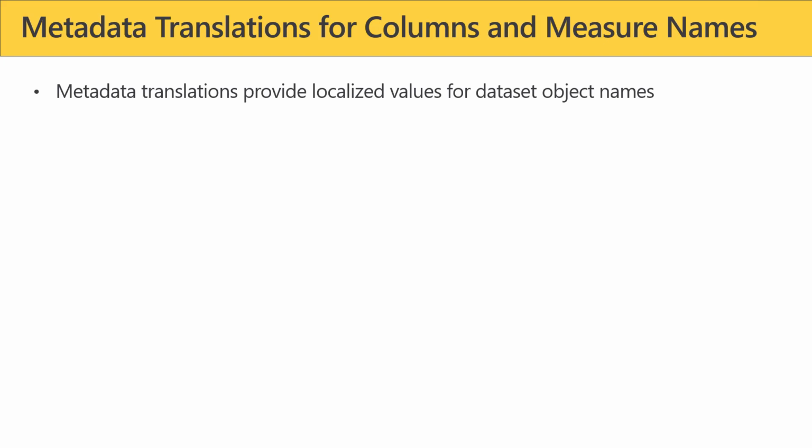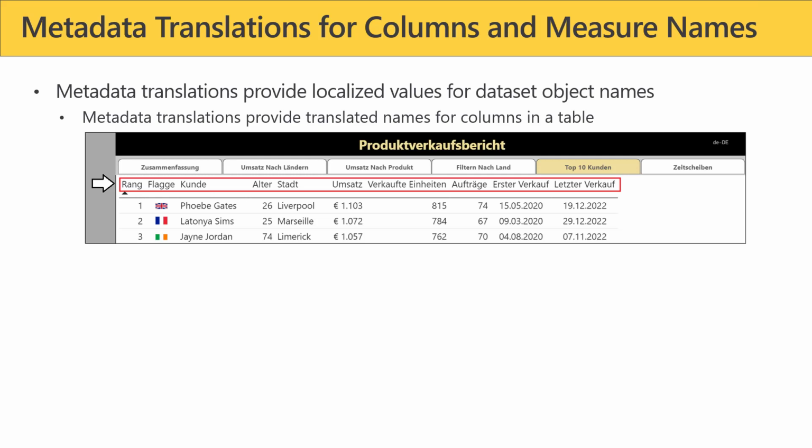So once again, metadata translations provide localized values for the names of columns and measures. So inside of the live demo, something like a table, if you look at the headings for the columns in a table, it's measure names and column names.